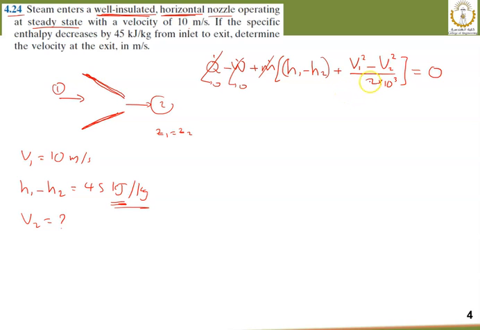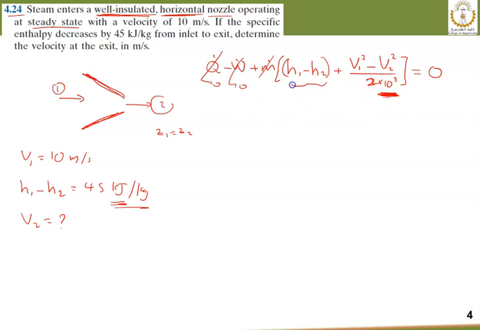So to convert it into kilojoule, we need to divide by 1000. So here, divide by 2000. This is a very important thing that some students forget.